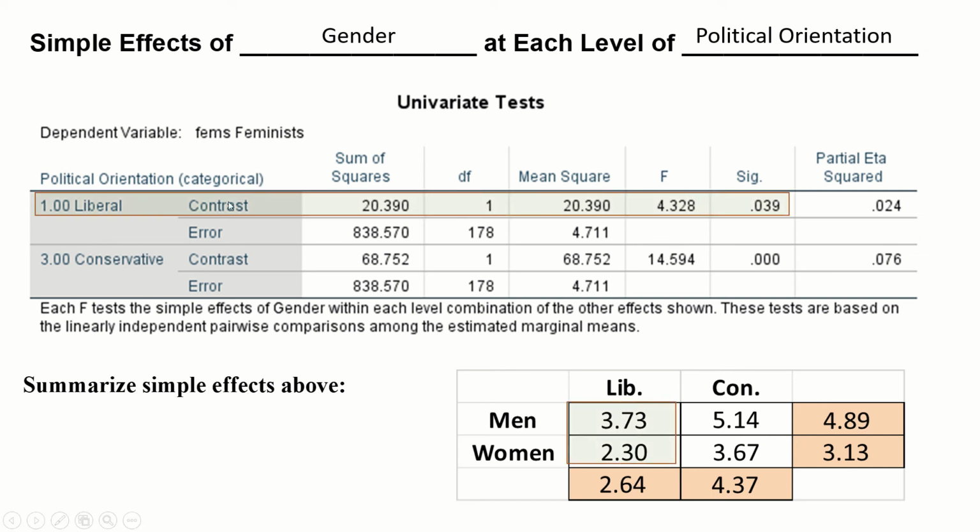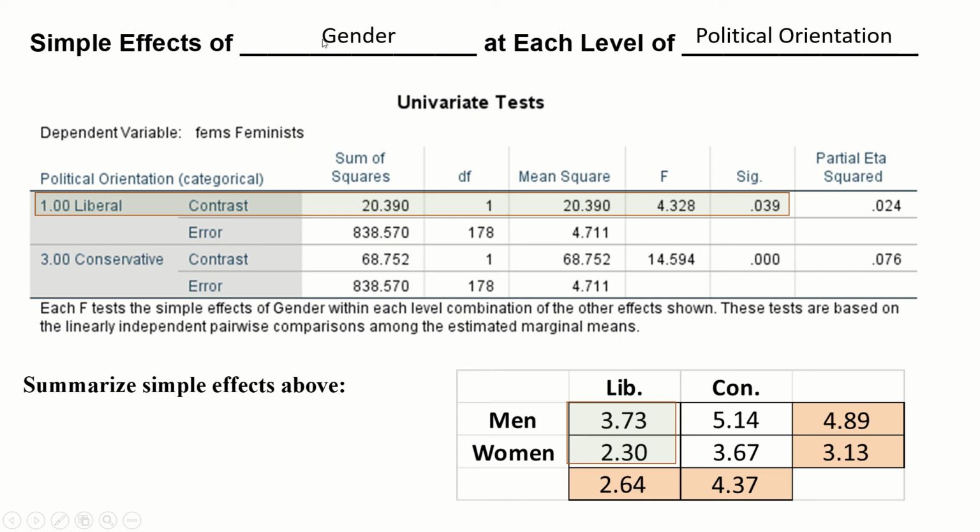If we look at the first row here, we're looking at the simple effect of gender for liberals. So is there a gender difference for liberals? Look at the sig value here, 0.039. P-values are significant if they are less than or equal to 0.05. So we do have a significant p-value for liberals.